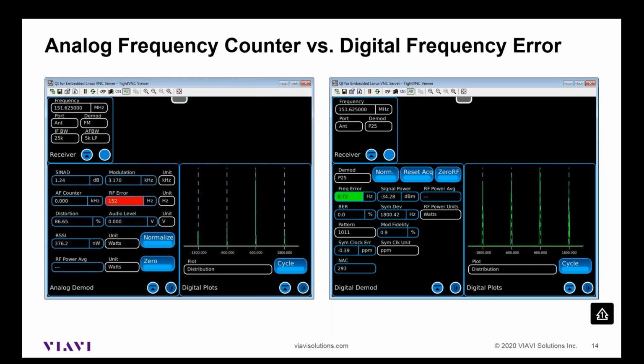In other words, they get out into the field and they lose range, or they lose communication in buildings and things like that. Whereas if we use the digital frequency error meter, we can properly align that reference oscillator, and we don't lose that performance. So again, real world scenario there. Customers use the incorrect meter to align this, and it hurts the performance of the radio.